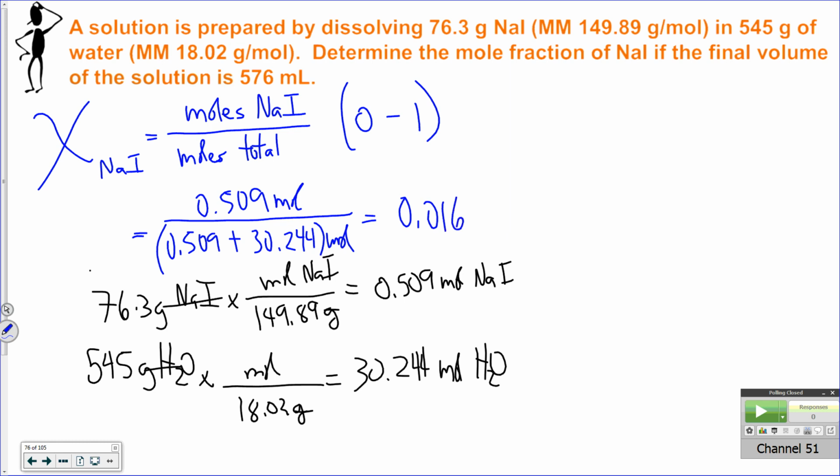Let's see, I've got 3 significant figures in everything, so I need to take that to 0.0166. 3 significant figures. If I ask what was the percentage mole fraction, I just take that and multiply it by 100. And it'd be 1.66% of that solute.